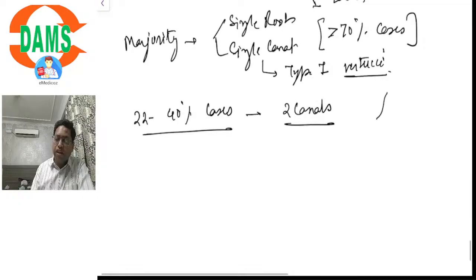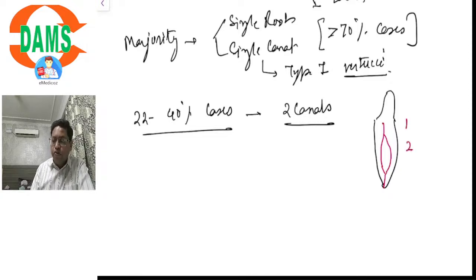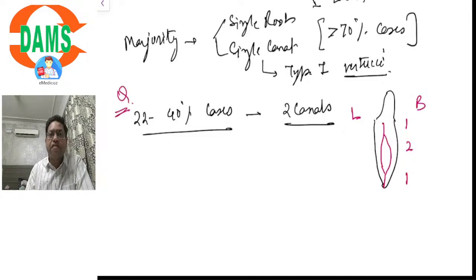If we look at the tooth in buccolingual section, there is an orifice, 2 canals, and they join together and exit as 1. This is the buccal side and this is the lingual side of a mandibular incisor. So what is the incidence of 2 canals in a mandibular incisor? The answer is 22 to 40% of cases.